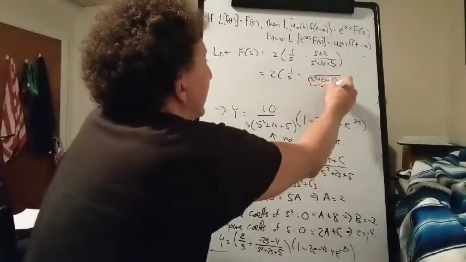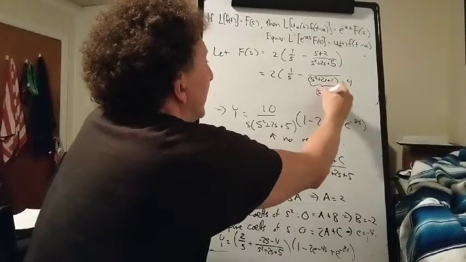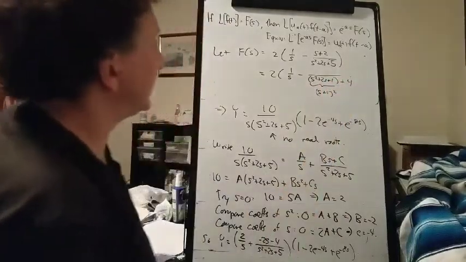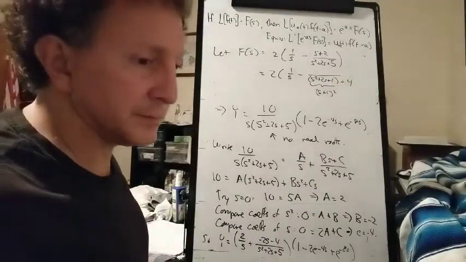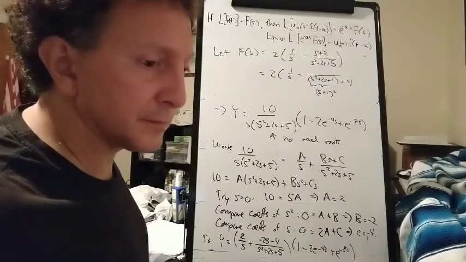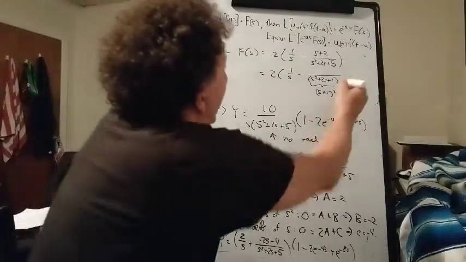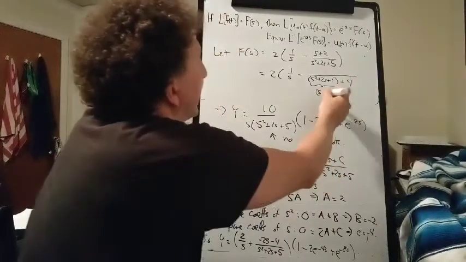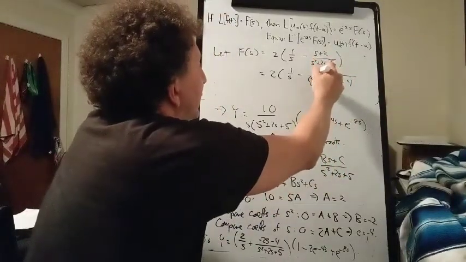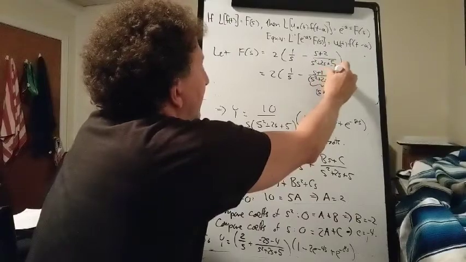So this right here is s plus 1 squared. And then on top, I can make that s plus 2 into an s plus 1 plus 1.